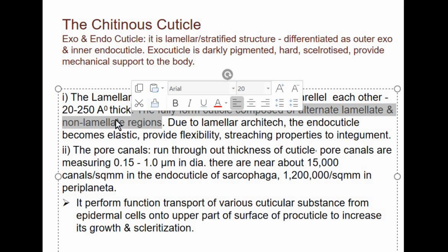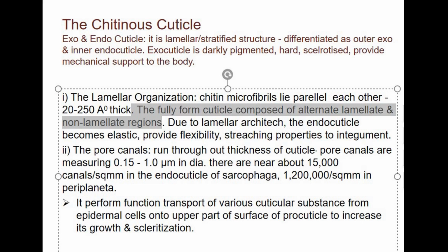Due to the lamellar architecture, the endocuticle becomes much more elastic and provides flexibility and stretching properties to the integument. So remember, in this lamellar organization the chitinous microfibrils lie parallel to each other, and functionally it is elastic in nature, giving flexibility and stretching property to the integument.